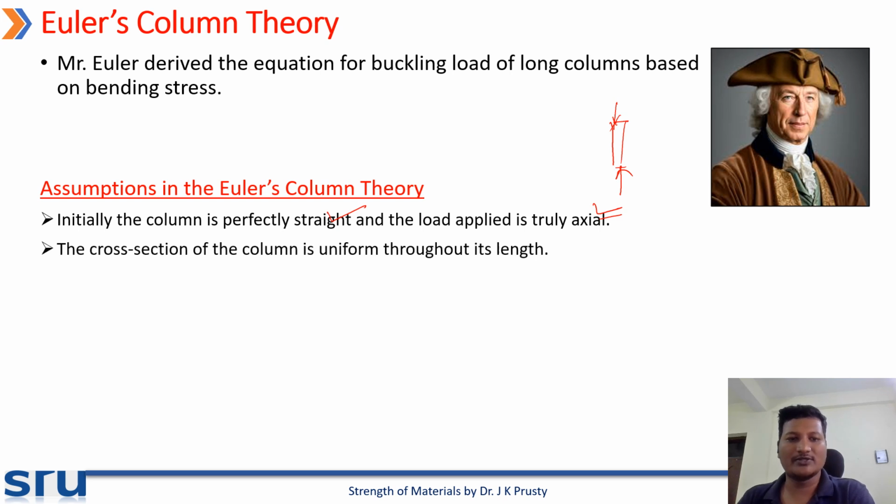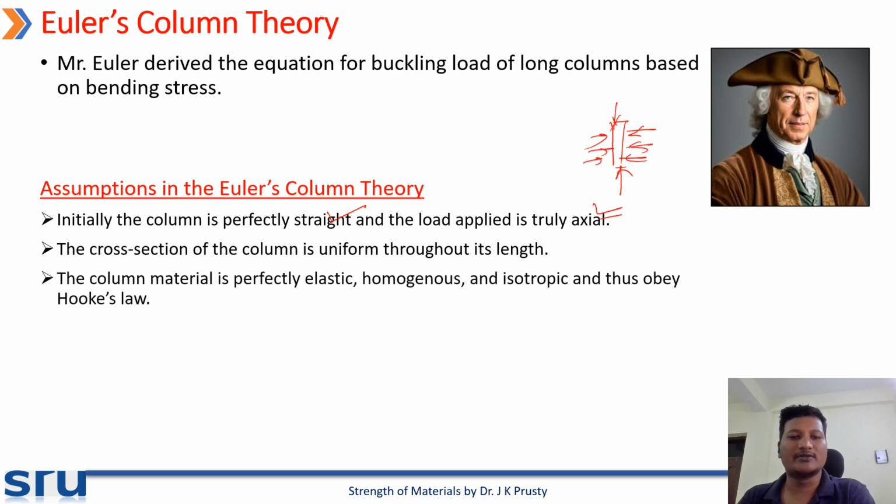The second assumption is that the cross section of the column should be uniform throughout its length. The third is that the column material is perfectly elastic, homogeneous and isotropic, and thus it should obey Hooke's law.